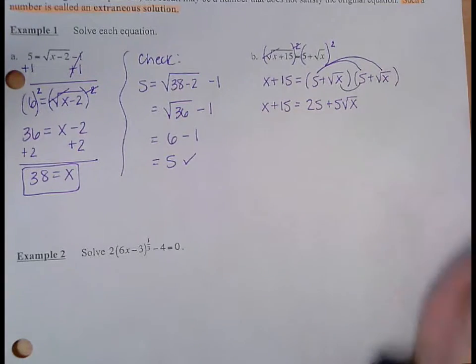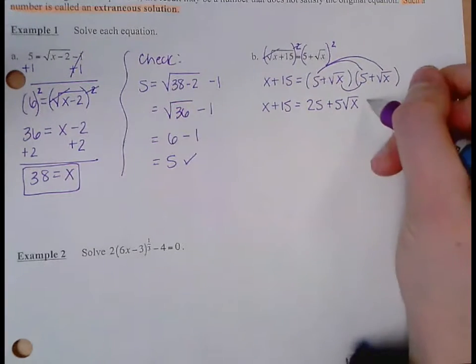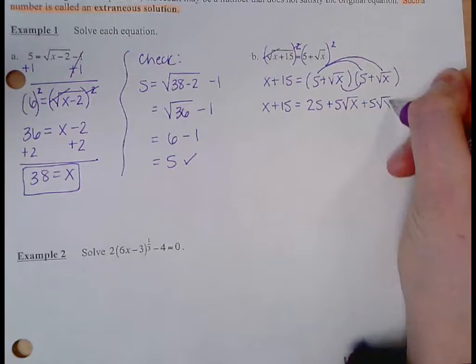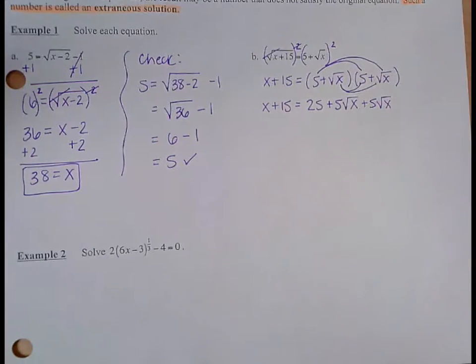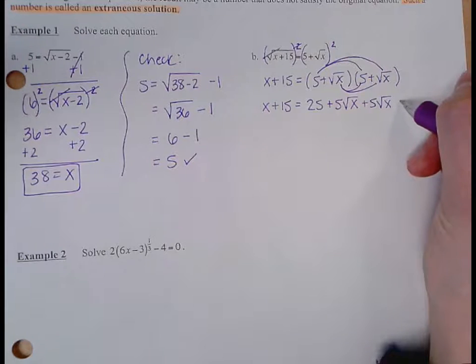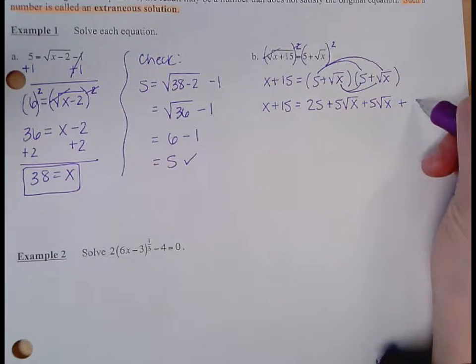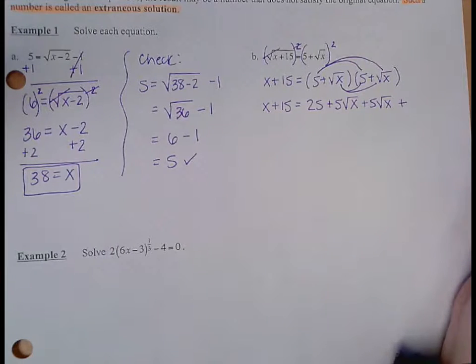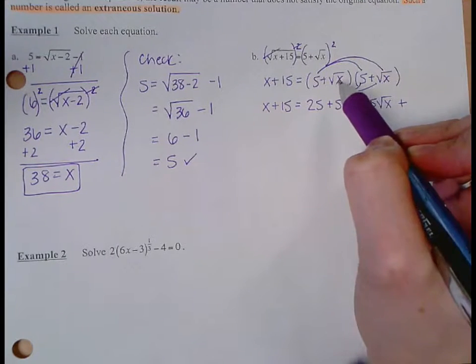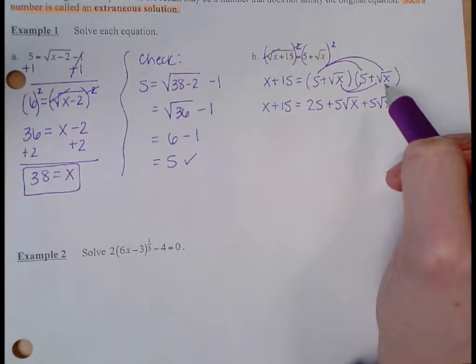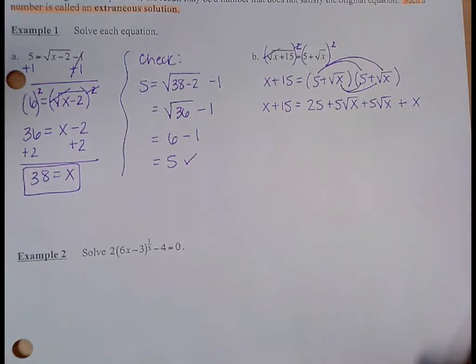And then inside terms, I have square root of x times 5. That's another plus 5 square root x. And then last term, square root of x times square root of x is what? It's just x. It wouldn't be 2 square root x. It would be the square root of x squared, which is just x.